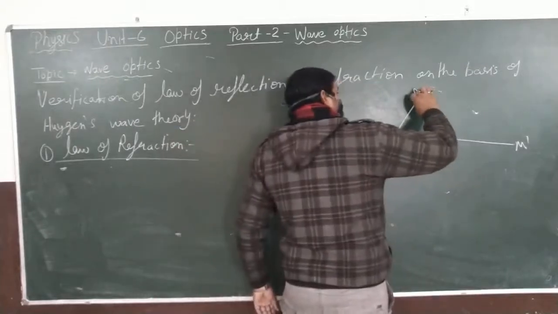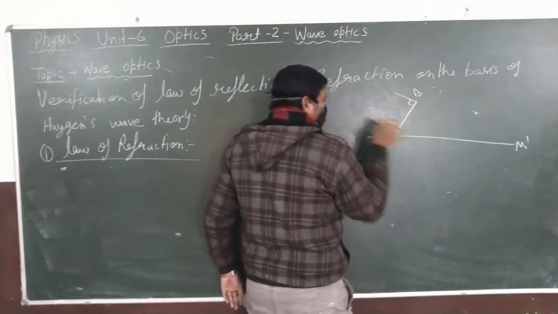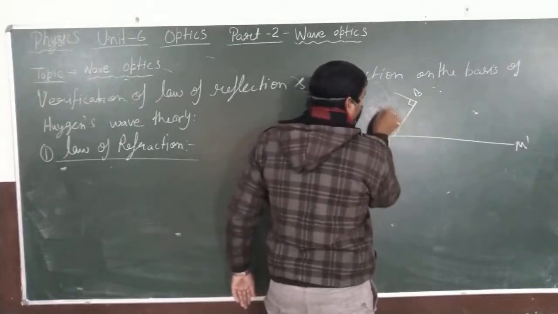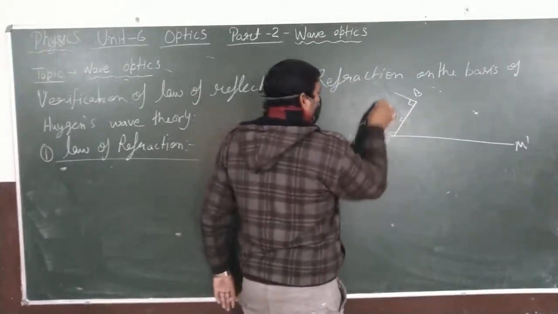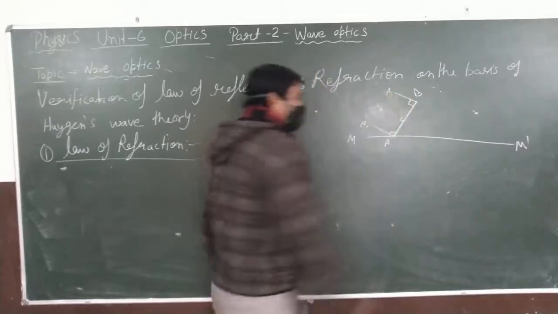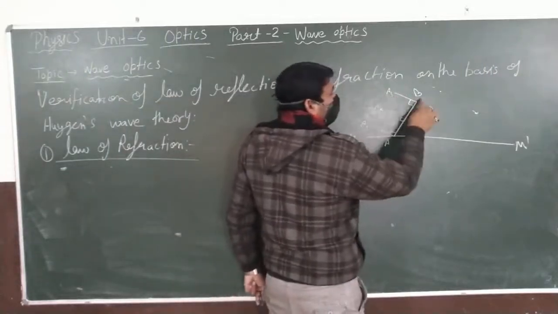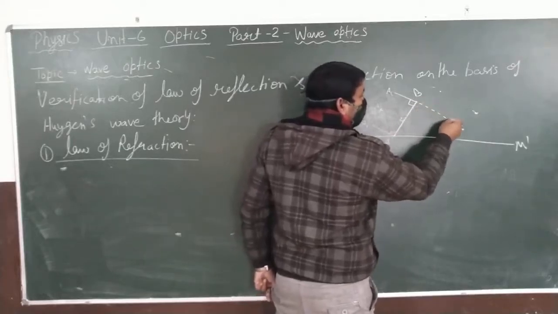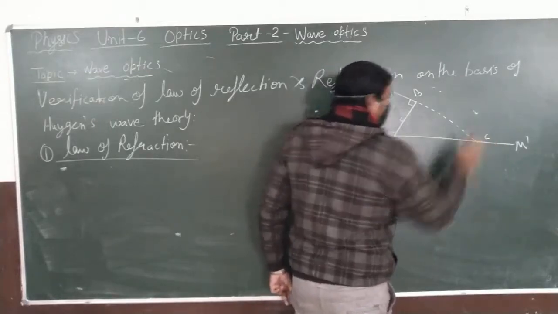Let three points on the wavefront be A1, A2, A3. Now the ray traveling from B in the first medium falls on the refracting surface at point C.